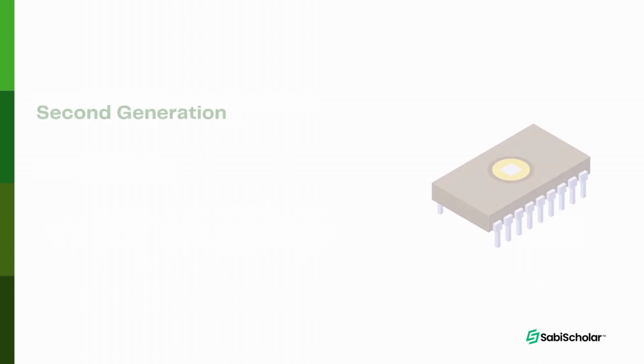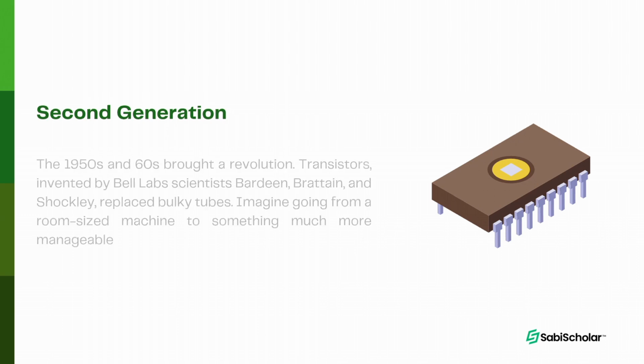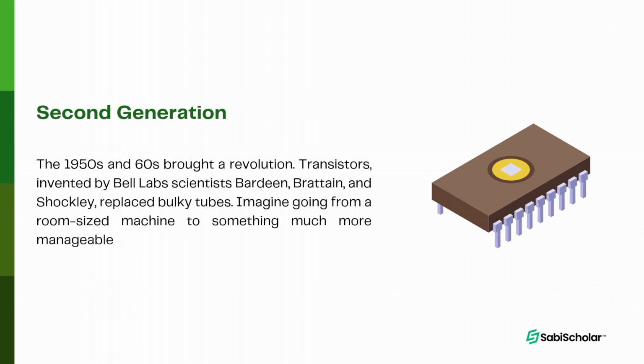Also, we have second generation computers, which was from the 1950s to the 1960s. It brought about a revolution in computing because it wasn't using the previously bulky tubes. Instead, the second generation of computers, invented at Bell Laboratory, used transistors rather than the bulky tubes, which generated a whole lot of heat in a particular spot.